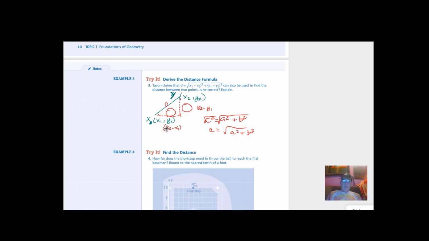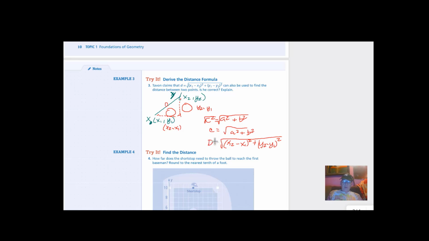A squared is x2 minus x1 squared, plus b squared is y2 minus y1 squared, and we're taking the square root.